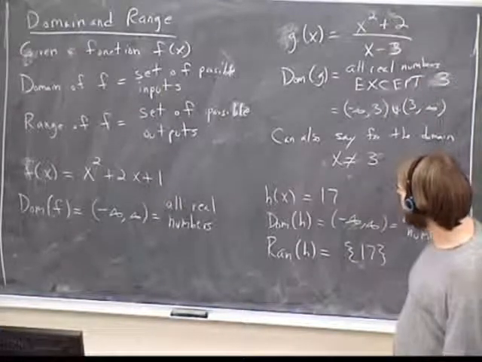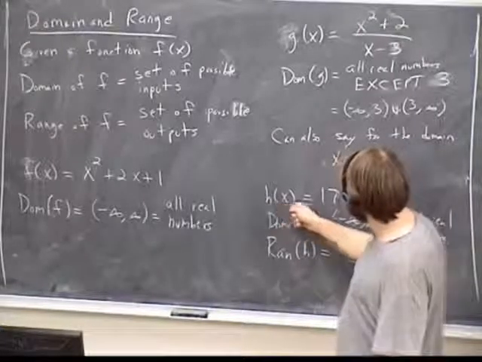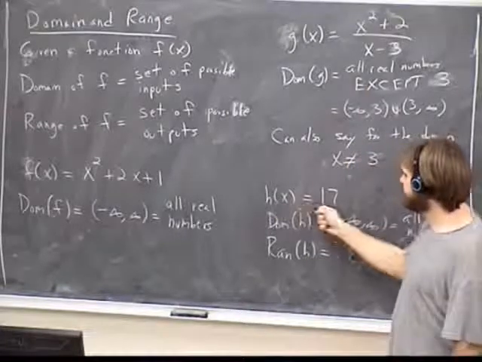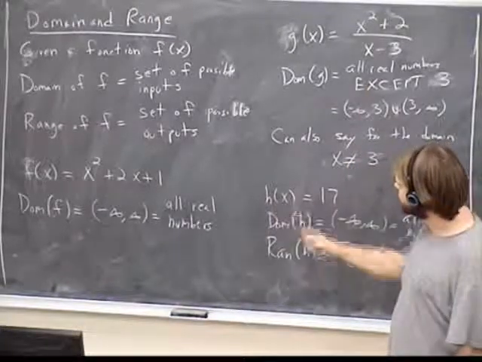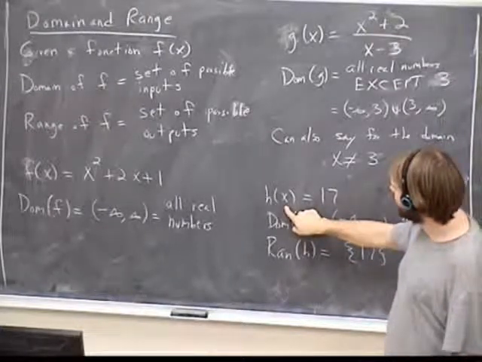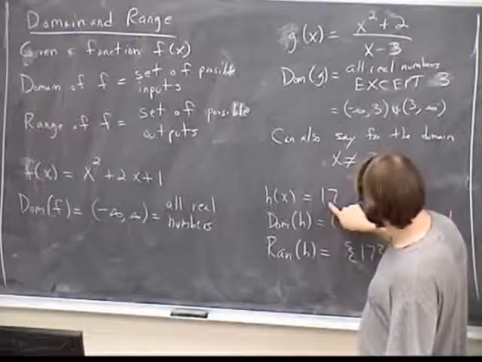Okay, now for one final example, we have the function h of x equals 17. First you have to think about what this means. What this function means is that no matter what input you give it, the output it gives you back is simply the number 17.